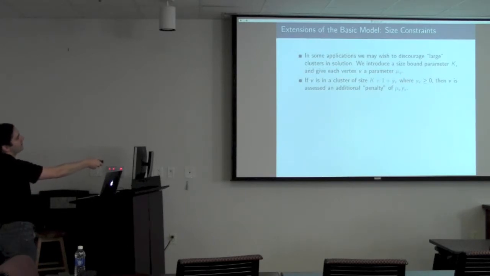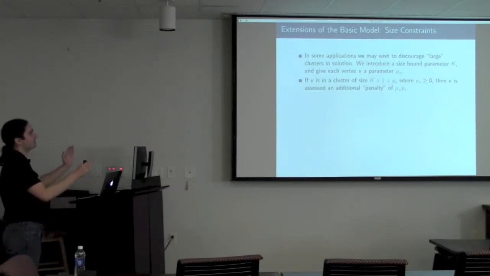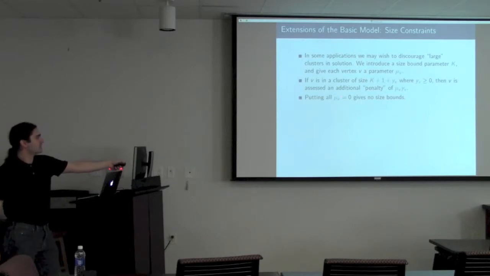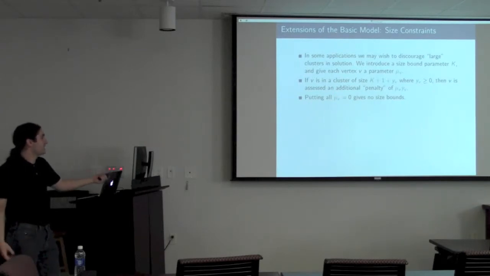And if vertex v ends up having its cluster break that bound by some amount y sub v, then you pay mu sub v times y sub v extra for having that cluster too big. Of course, if you put all of these penalty terms equal to 0, that would be the same as having no size bounds at all. But if we can handle this more general case, we may as well.